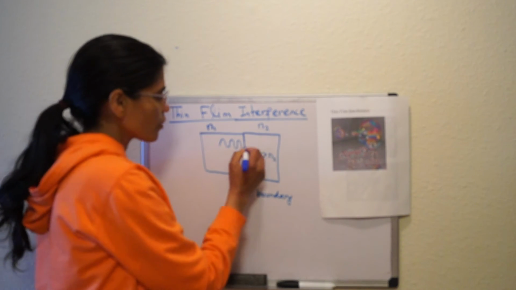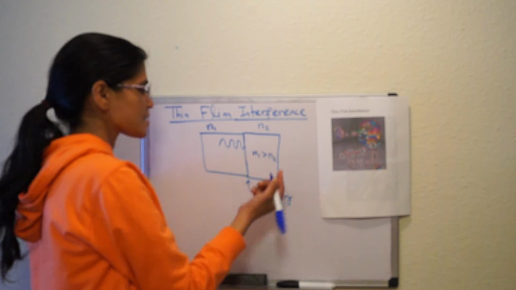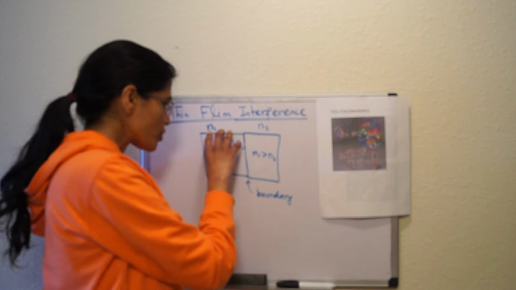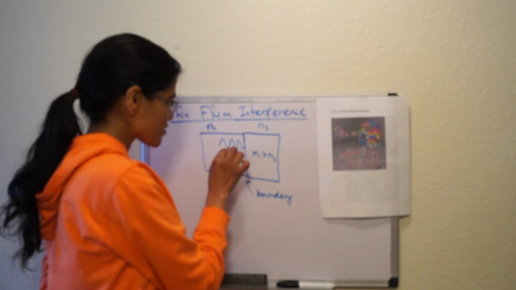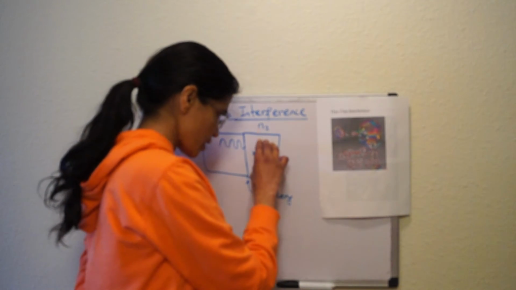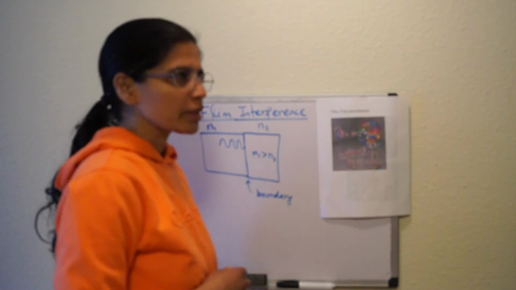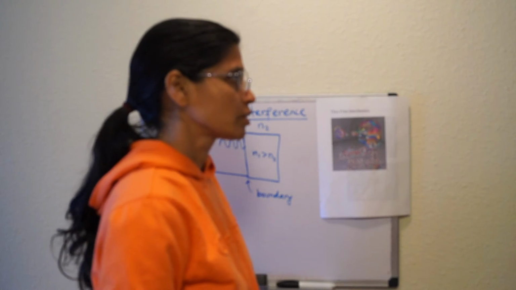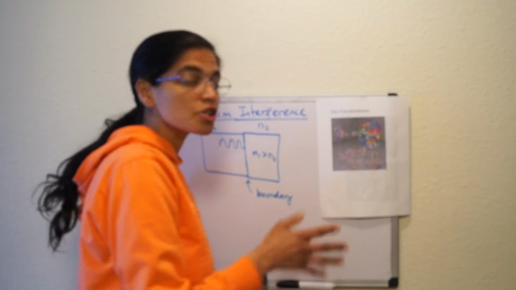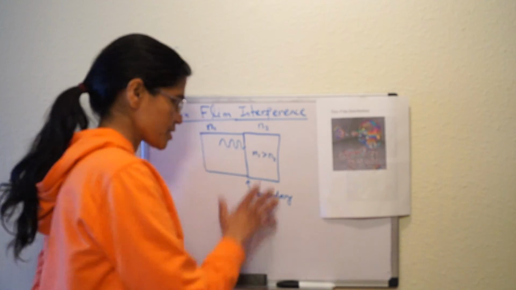So we have two cases. One case is where light is traveling from the higher refractive index to the lower refractive index material. An example would be just like this, from air to the water. What would happen? Let's see, what would happen?